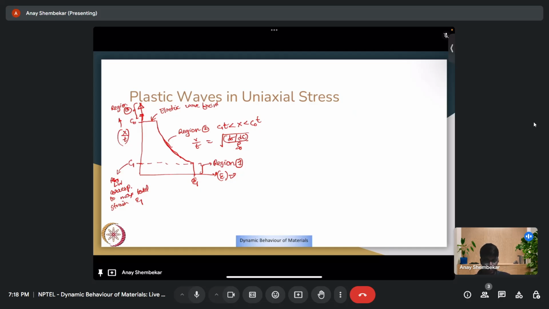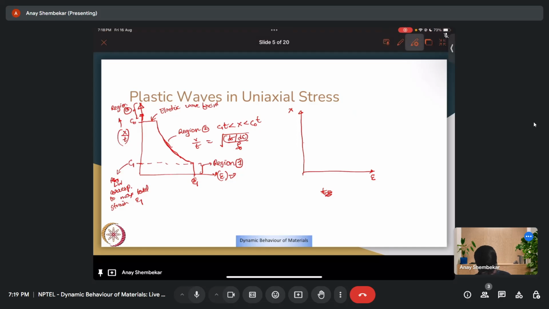If I plot the wavefronts at two different times, with x and epsilon on the axes, this one is moving ahead with c naught, this one with c1, at t equal to t1.